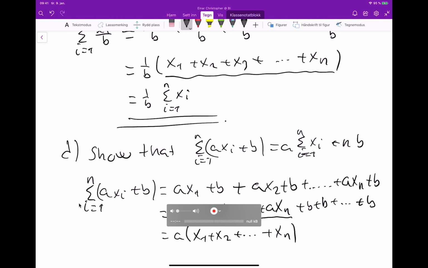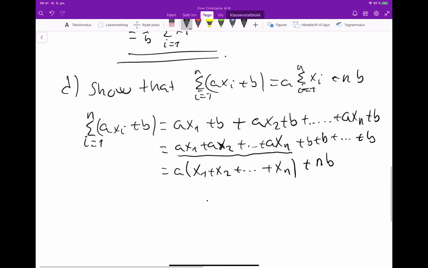And in the end we have all these b's, which is actually n of them. So we have n b's. And now we can see that what's inside the parenthesis is just the sum over the xi's.